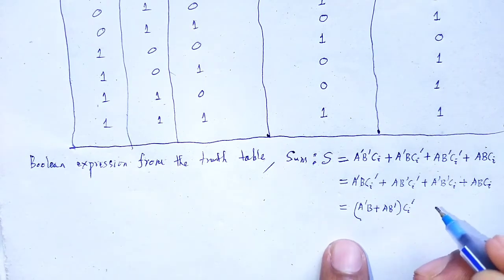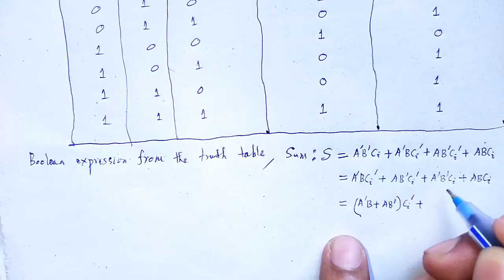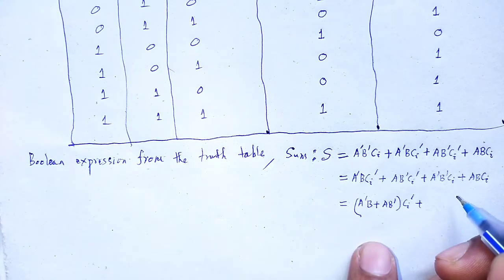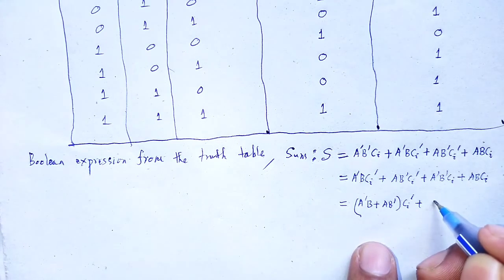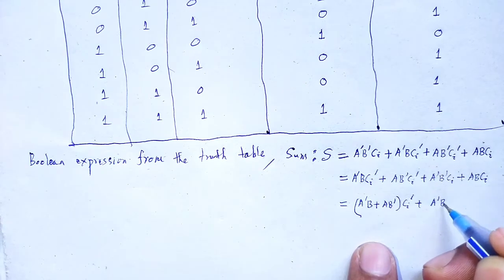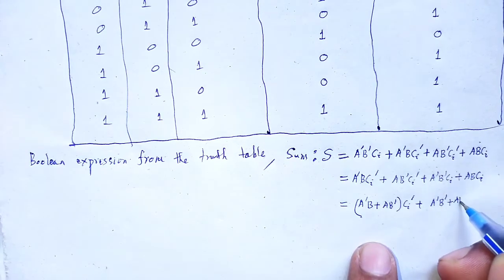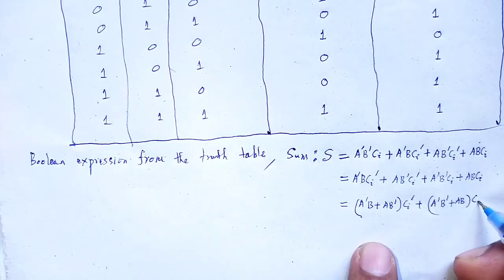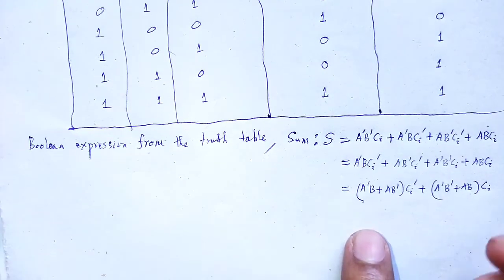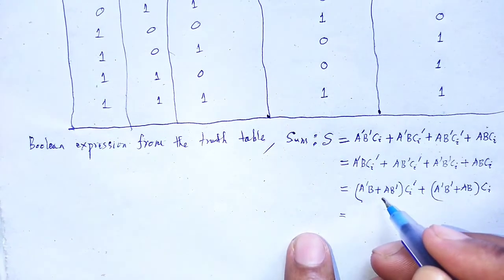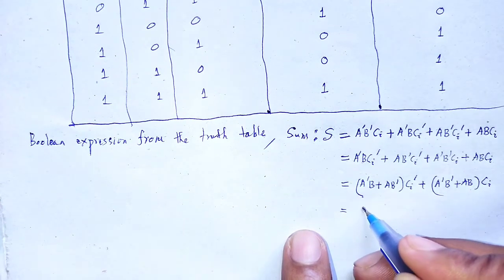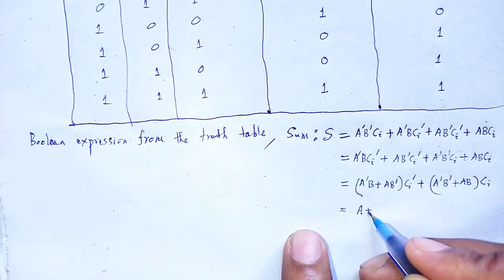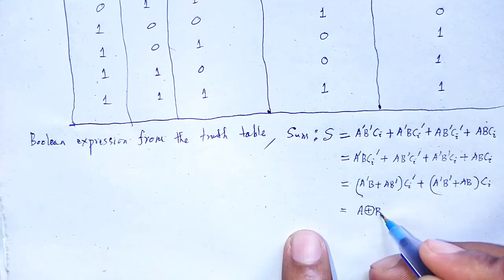In the other two terms we take Ci common, inside that bracket A prime B prime plus AB. A prime B plus AB prime is A XOR B, into Ci prime.